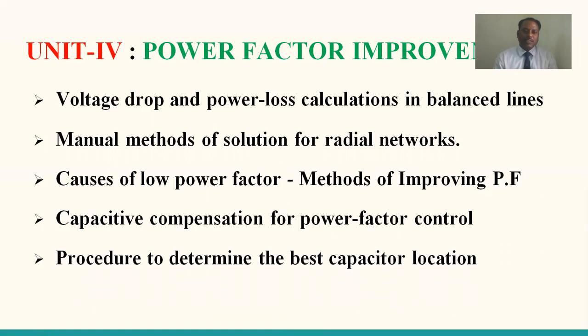And the procedure to determine the best capacitor location, and also the numericals along with the power factor correction. So these are some of the important points which are going to be discussed in unit number 4, which is power factor improvement.